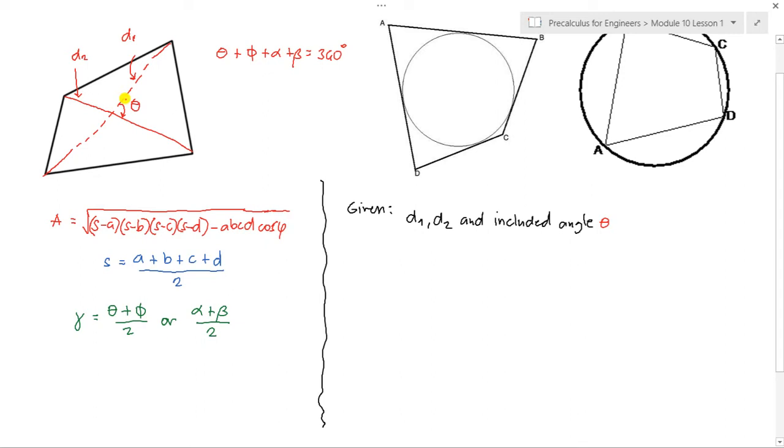So the derivation of this is a bit long, this derivation for the quadrilateral. Here, the area for this quadrilateral is basically found by using this triangle.